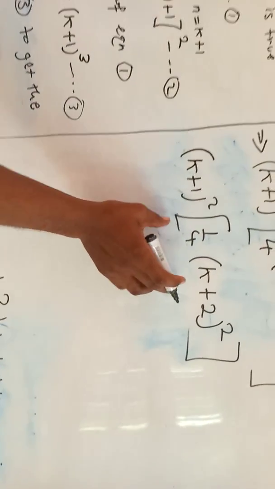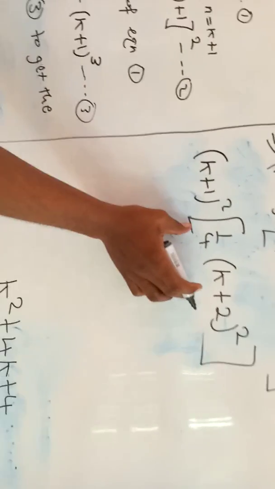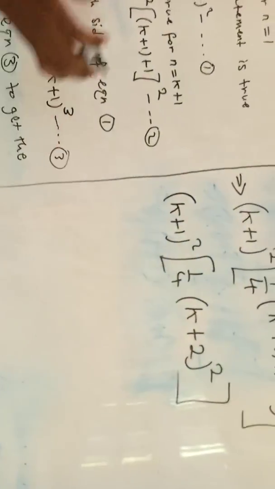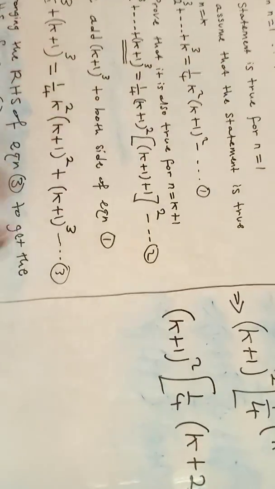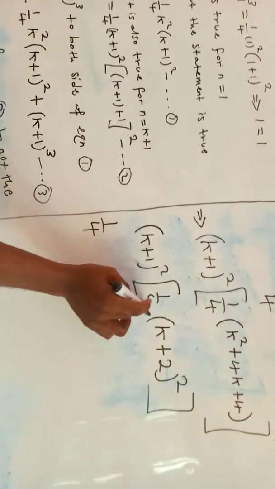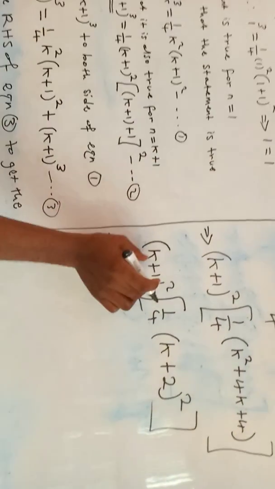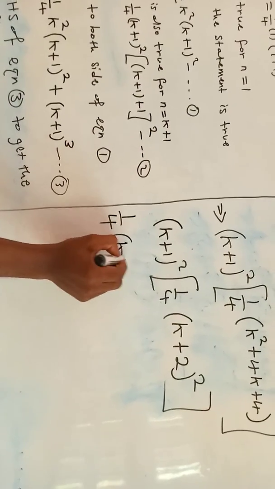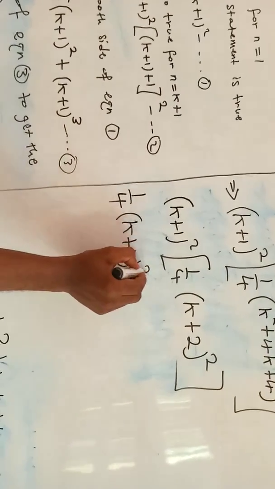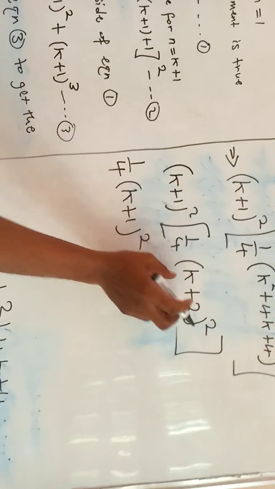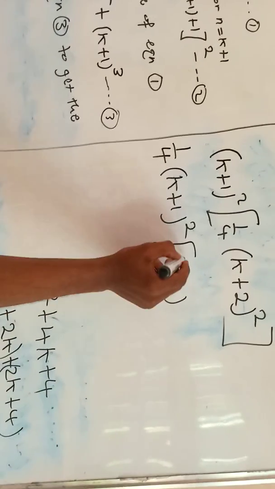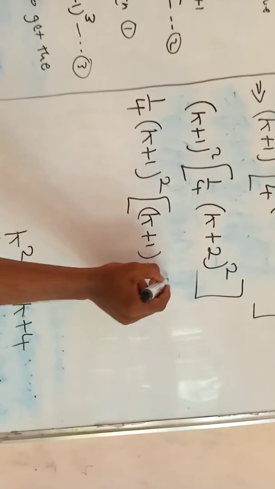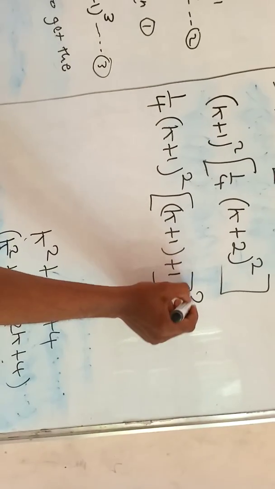Now, remember, our aim is to get the right hand side of equation 2. So we are going to arrange this to get this. Arranging this, we have 1 over 4, this one here, then k plus 1 squared, then we have k plus 1 plus 1 all squared.